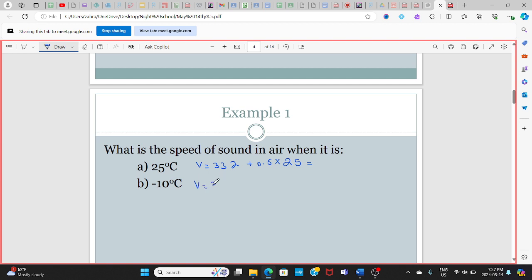Versus the velocity 332 plus 0.6 multiplied by -10. It's going to be 332 minus 6, so that would be 326 meters per second. Okay. Also, you can calculate that.